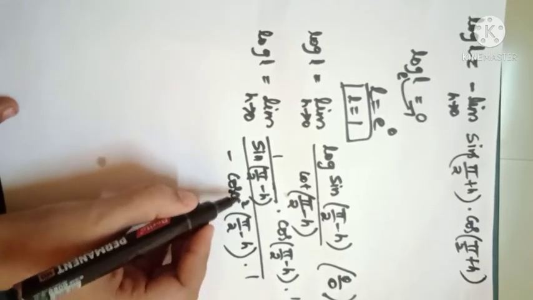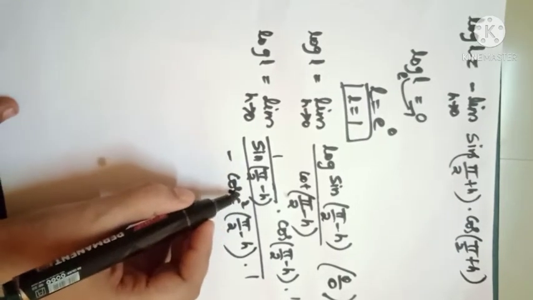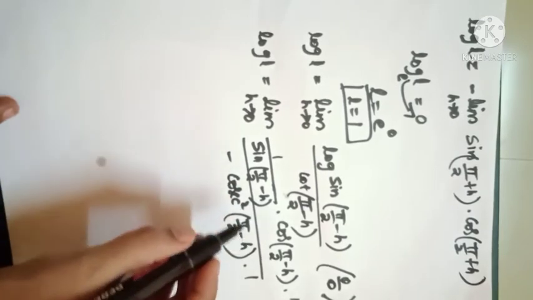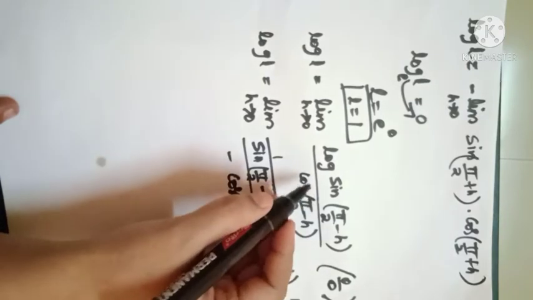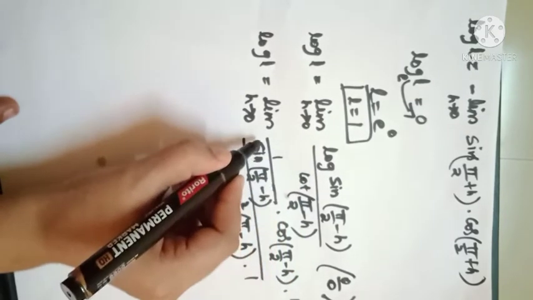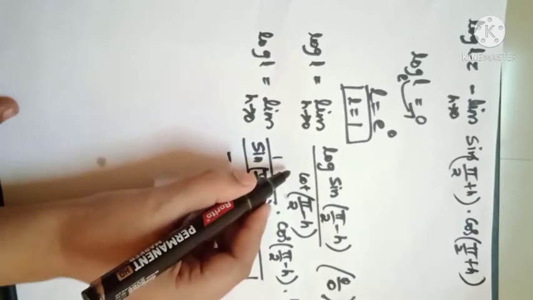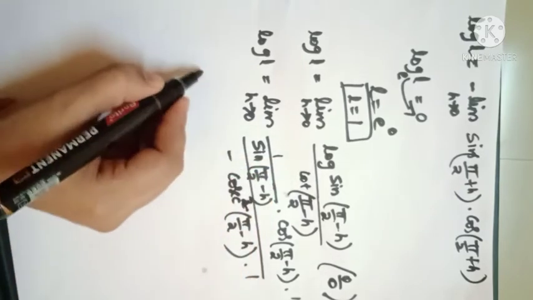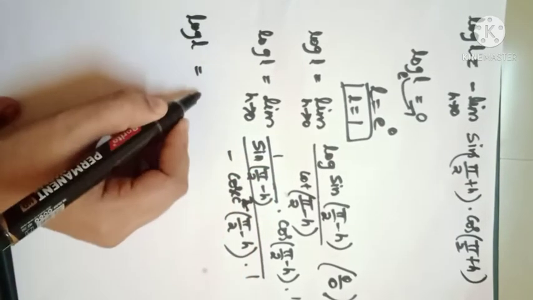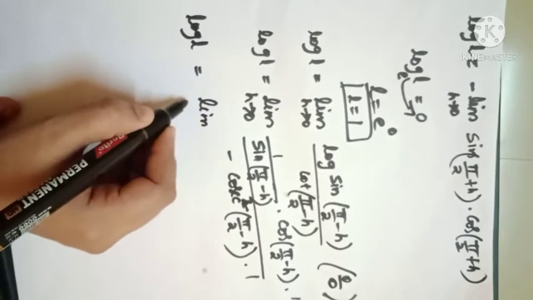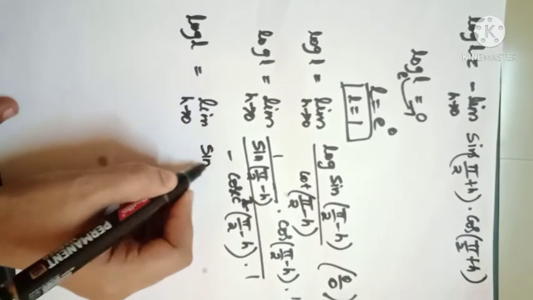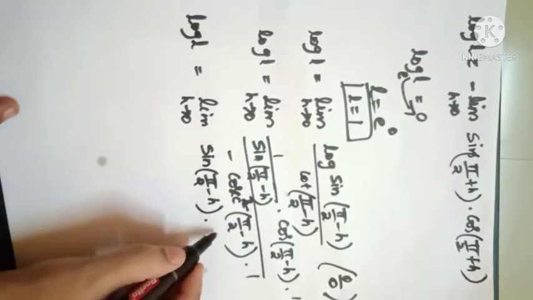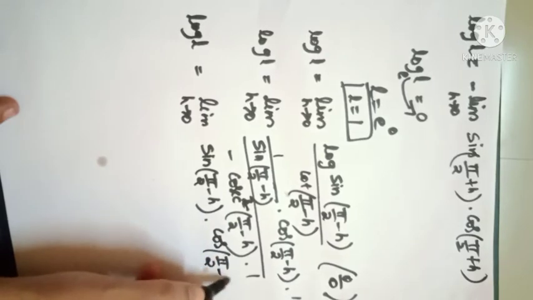So 1 over cosec square is nothing but sin square (pi by 2 minus h). The sin square goes to the numerator, so it cancels with one of the sin (pi by 2 minus h), and since there is a square, one is left. So what we get is log L is the limit as h tends to 0 of sin (pi by 2 minus h) into cos (pi by 2 minus h).